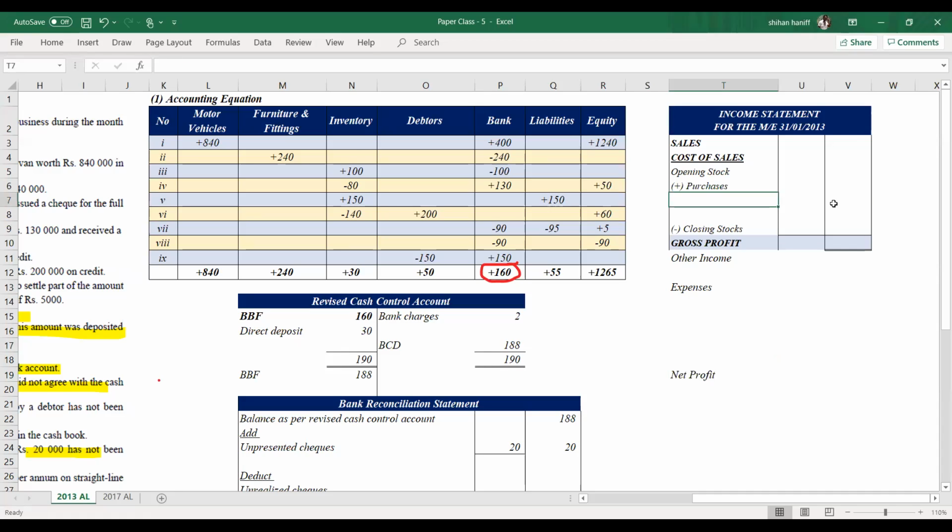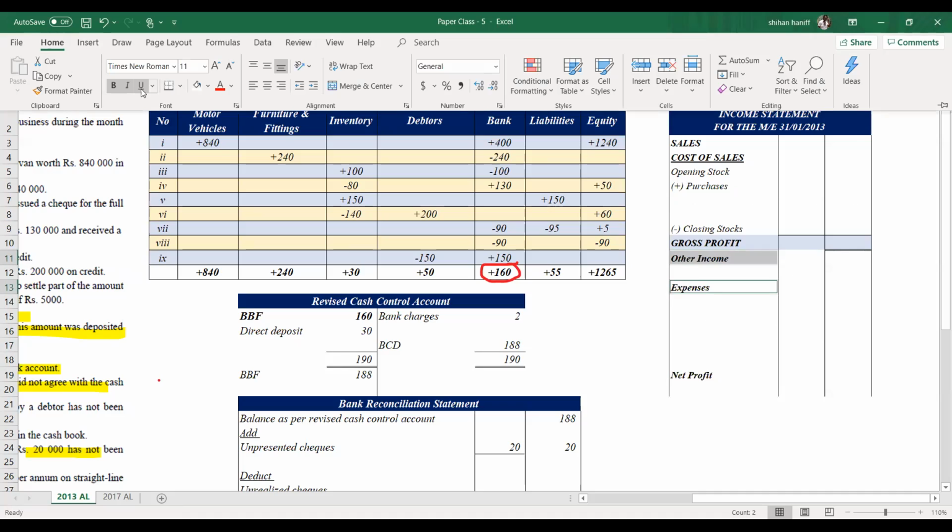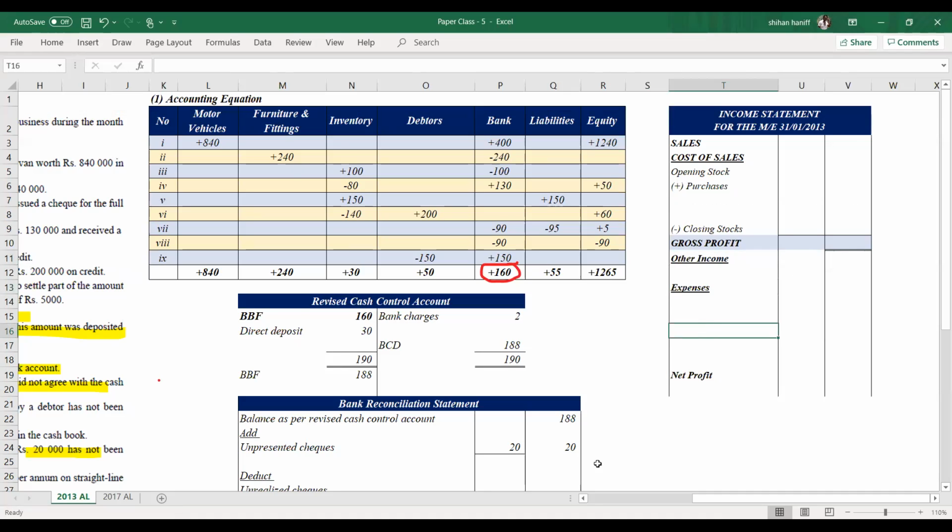Right. So you can draw a very basic income statement. Right. So let's record the entries into the income statement.